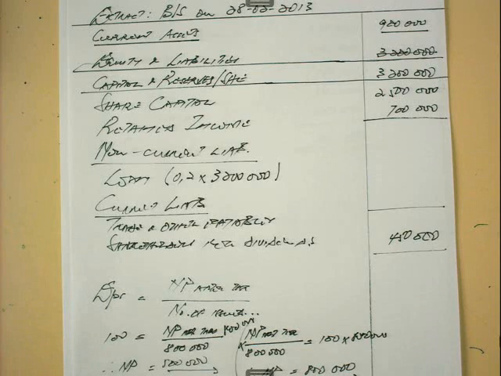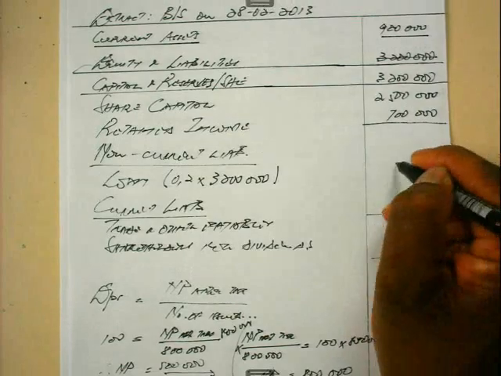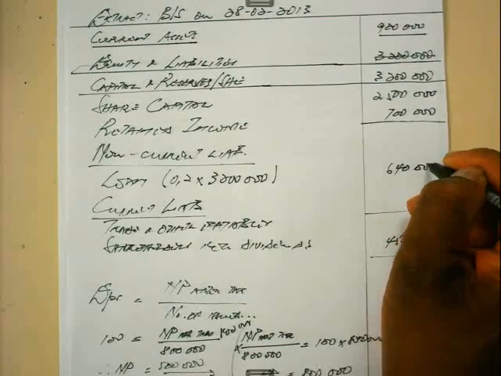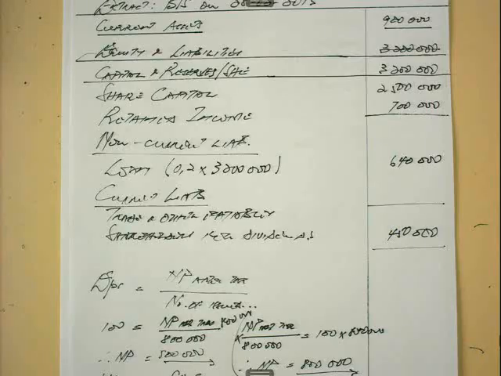So if you multiply 3.2 million by 0.2, it should give you 640,000. That will be your loan.